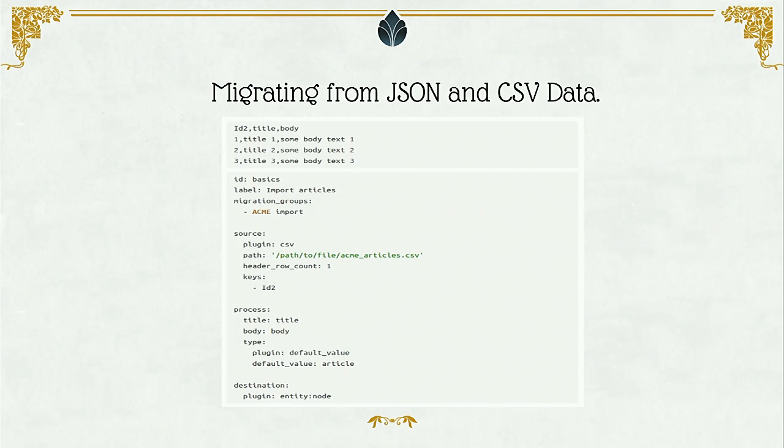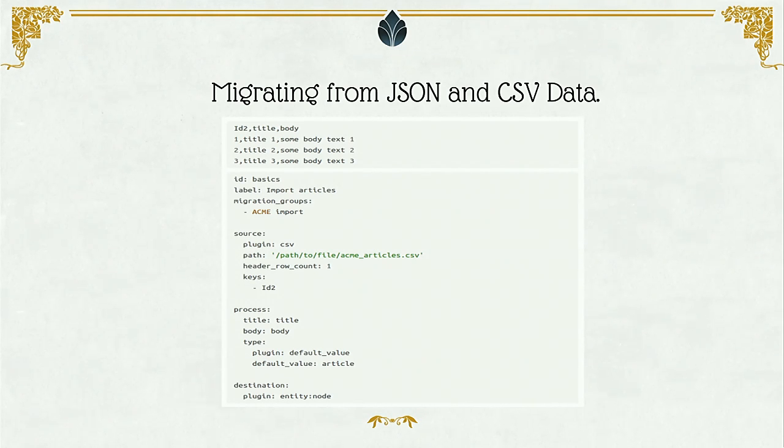In these slides, the second block is the .yml file. We have three plugins involved. Technically it's three steps when you have a migration. You need a source where the data is placed, and a processor to process the data for your purpose in D8, like how it has to be placed.